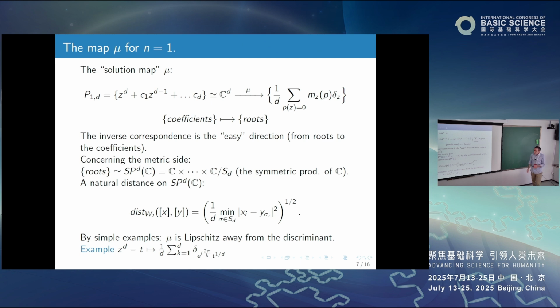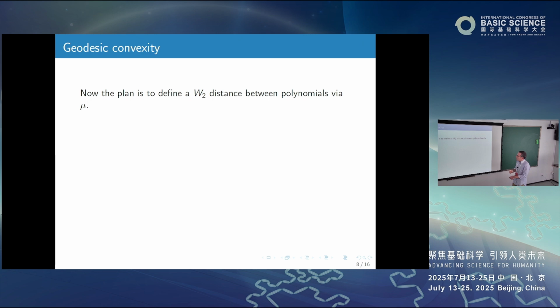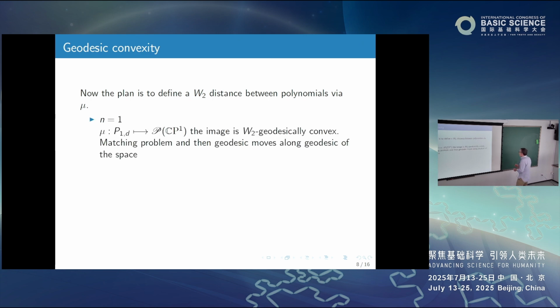And now the plan is to take this distance and apply it between any two polynomials. But there is some caveat. Let's do once again our picture. Here we have our linear space that is P and D. Here we have our P of CPN, that is just a metric space.